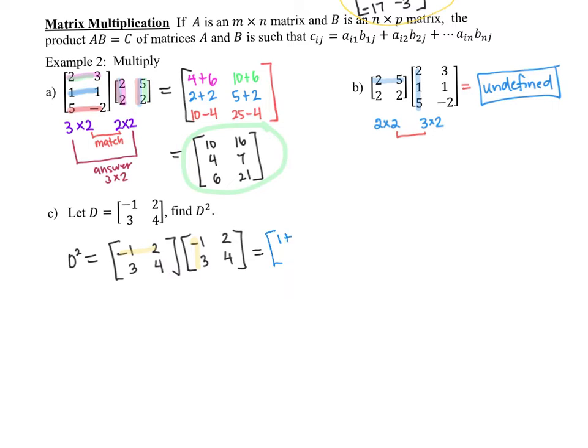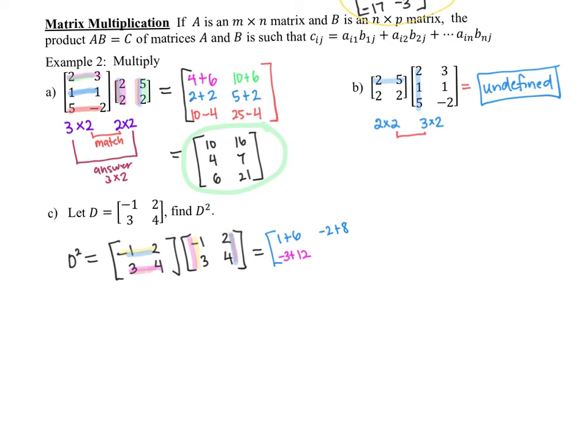1 plus 6. Okay, and how you organize yourself is kind of up to you. I think I'm going to go row 2, column 1. Row 2, negative 3 plus 12. And I do ask you to show this one little step. Okay, now what do I need to do? Row 1, column 2. Negative 2 plus 8.